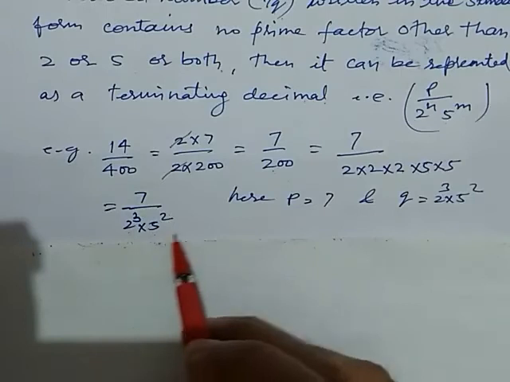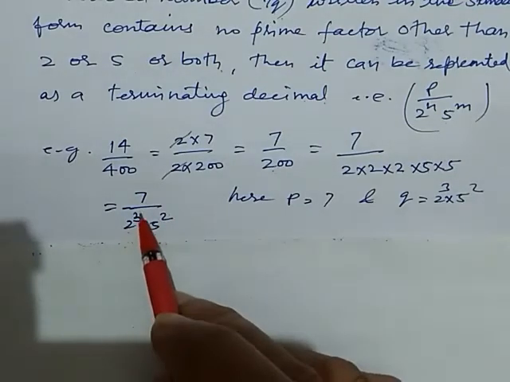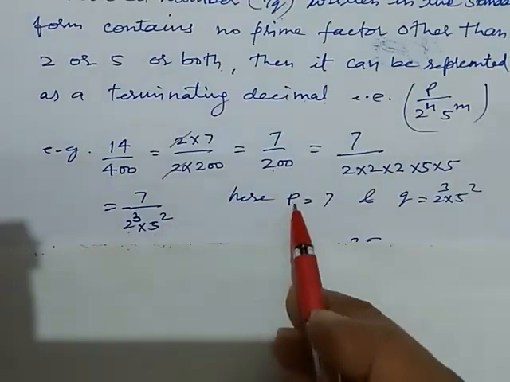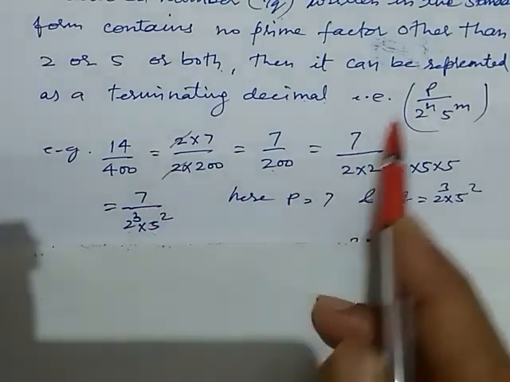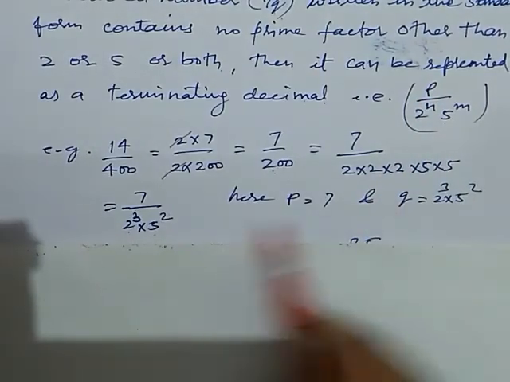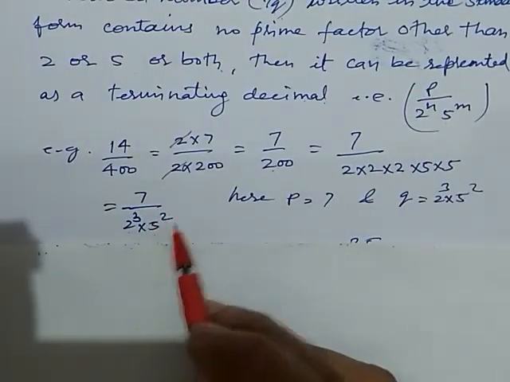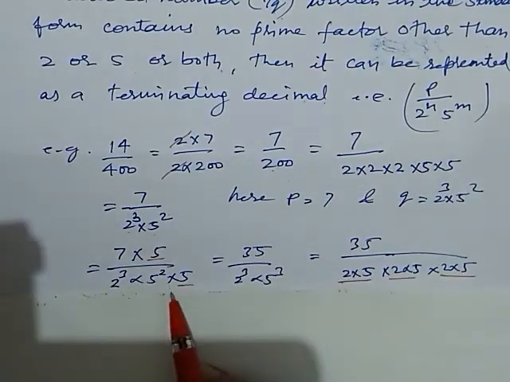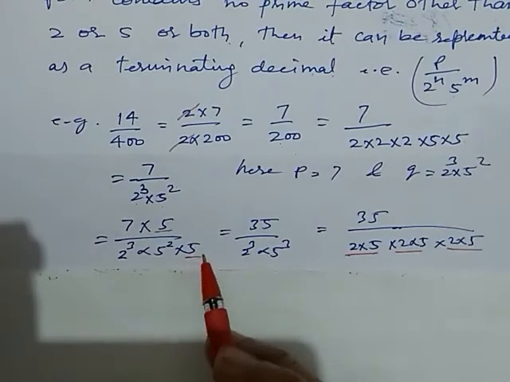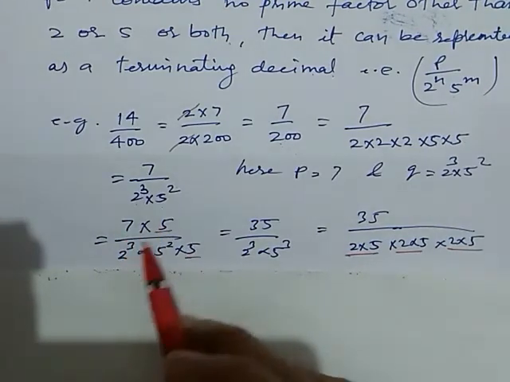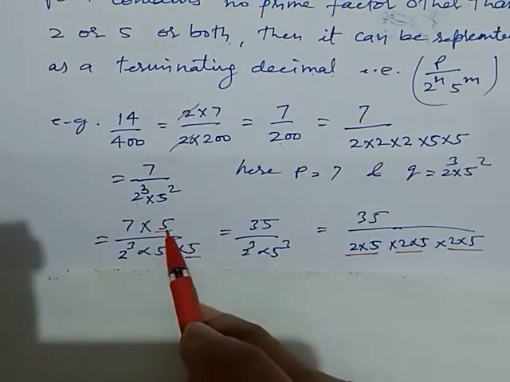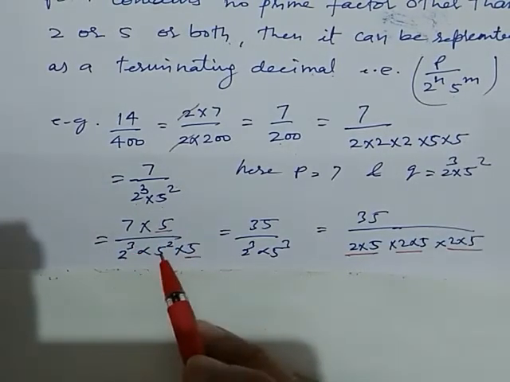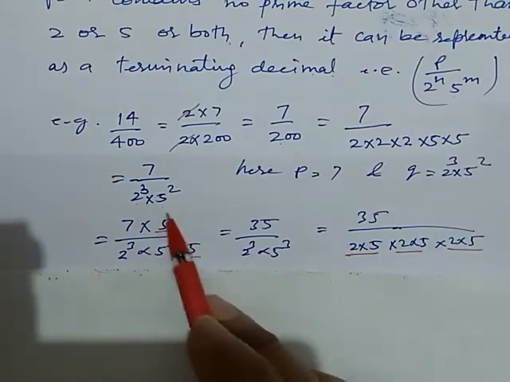Here we can see this is 2 to the power n and this is 5 to the power m. So here p is 7 and q is 2 to the power 3 into 5 to the power 2, which is of this form. So we can write this as 7 into 5 over 2 to the power 3 and 5 to the power 2 into 5. Why do we do so?